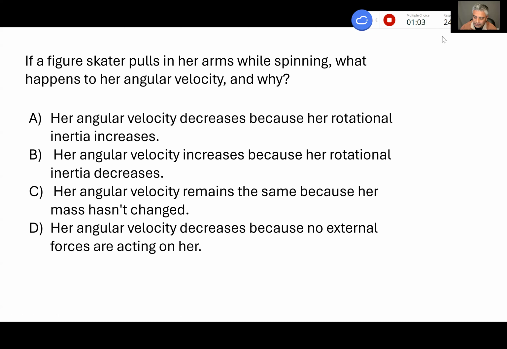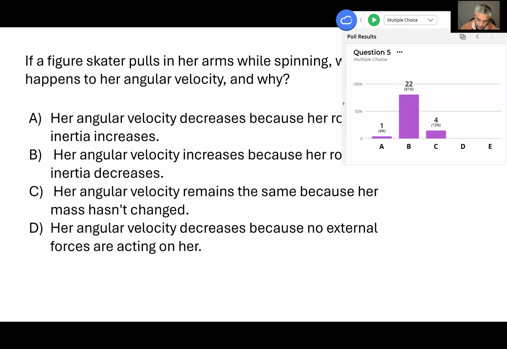Thirty more seconds. And 5 more seconds. 5, 4, 3, 2, 1, and it stops. Let's see what we got. So mostly B.